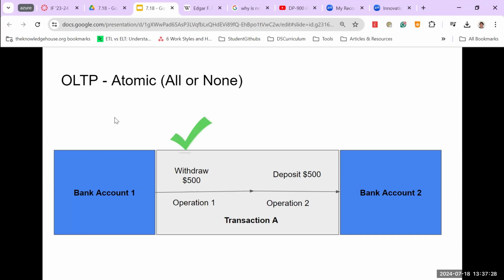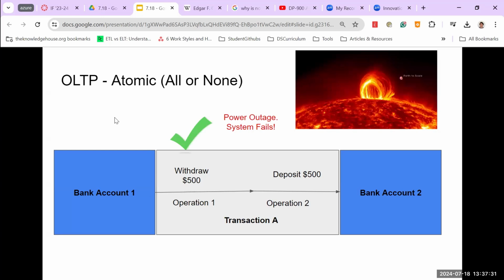But then at the very instant when we're about to go into operation 2, where we deposit $500, a solar flare strikes the earth, and all financial systems and communication systems and basically anything that's operating off of electricity gets short-circuited or whatever, and systems fail essentially. Unfortunately, I'm not educated in any sort of electricity or electrical components, so I can't tell you exactly what's going to happen, but things basically fail.